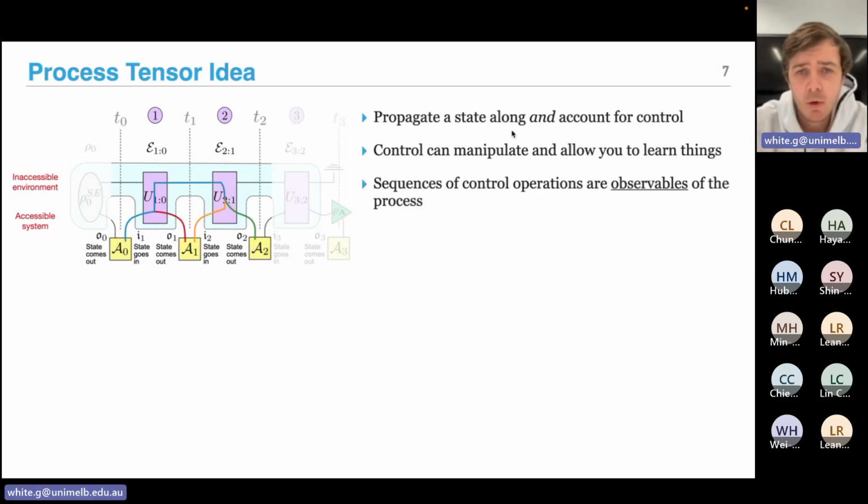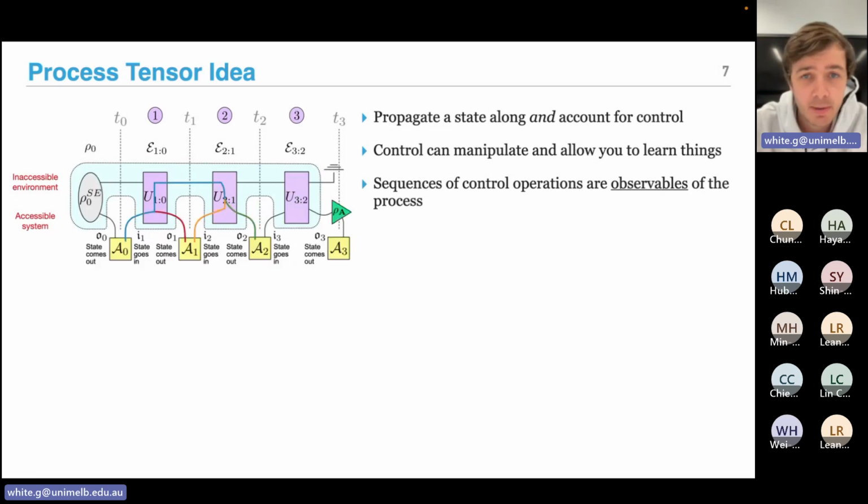Now, in particular, what a process tensor is able to do is it's able to propagate this quantum state along and account for the control operations that manipulate that state. Every time you apply a different control operation, the environment is going to respond in a slightly different way, because the information that is transferred is going to differ.